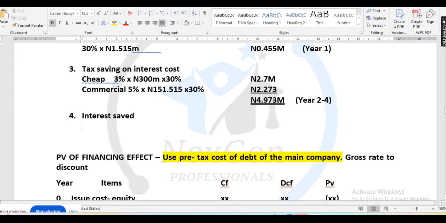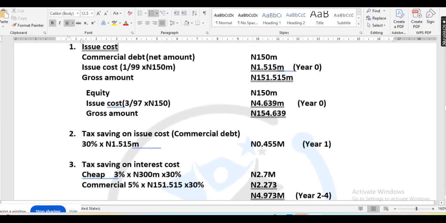Therefore, you can now say 5% minus 3%, you close brackets, times the commercial debt is 5%. You want to know, you quickly go and take cheap loan. How many percent did you save? That is the interest saved, class. So what did you save? You save it on what? On the 300 million of the cheap loan, class. Let me quickly take you back to the financing.